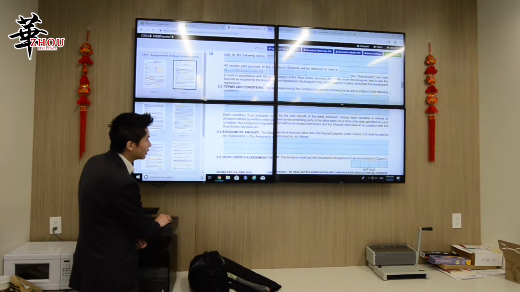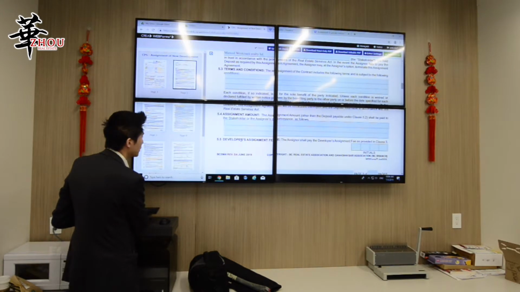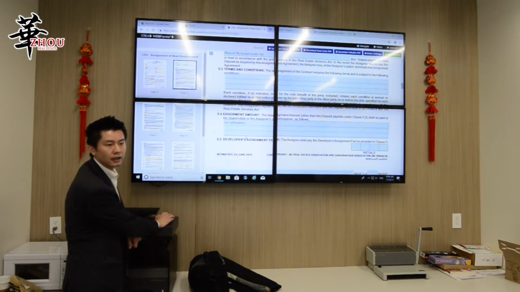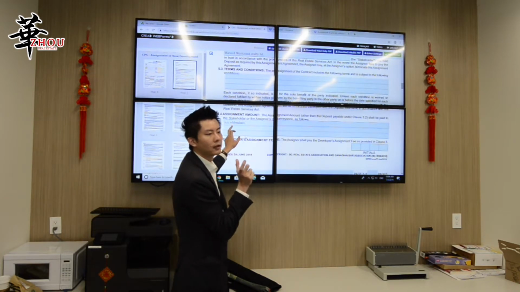Assignment amount. This, we normally don't say anything here, just say C addendum. Because normally we put details in the addendum where there are more space, because this, they only give you 3 lines. Yeah, this assignment amount is not a number.